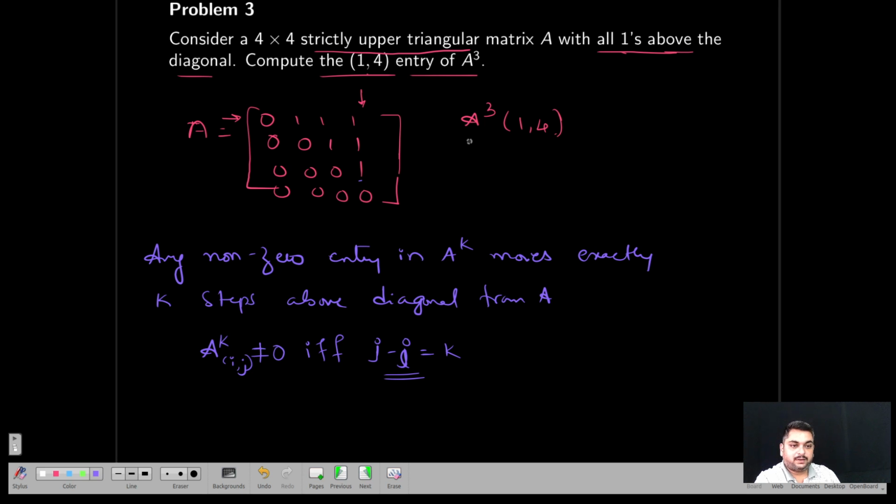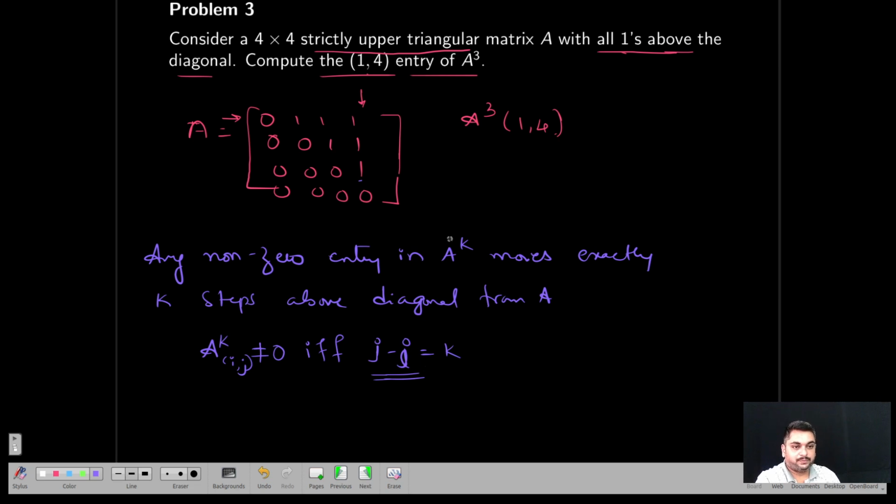So what is it that they are saying? For a strictly upper triangular matrix, when I multiply it k times, any entry which is non-zero has moved k steps above the diagonal, and j minus i indicates how many steps it is moving in the result. If you take the resultant matrix, you can verify it. So this will be equal to k.